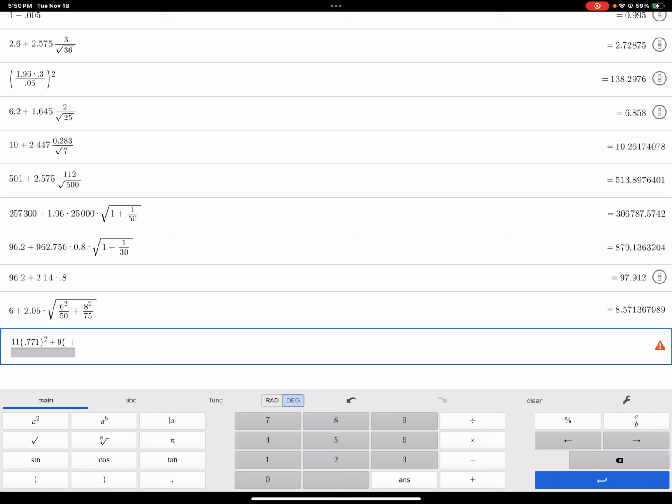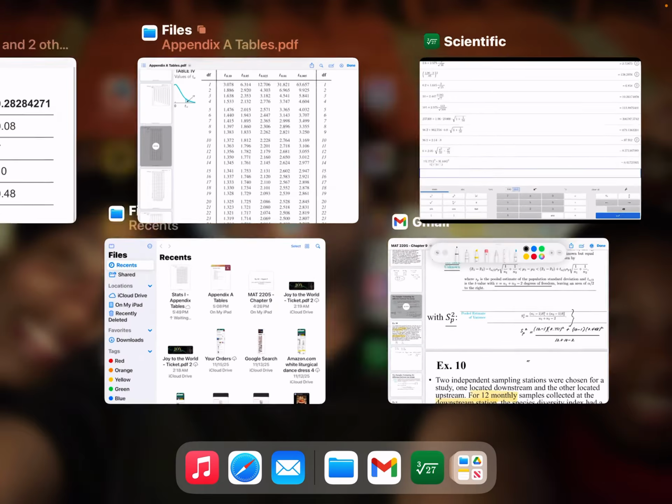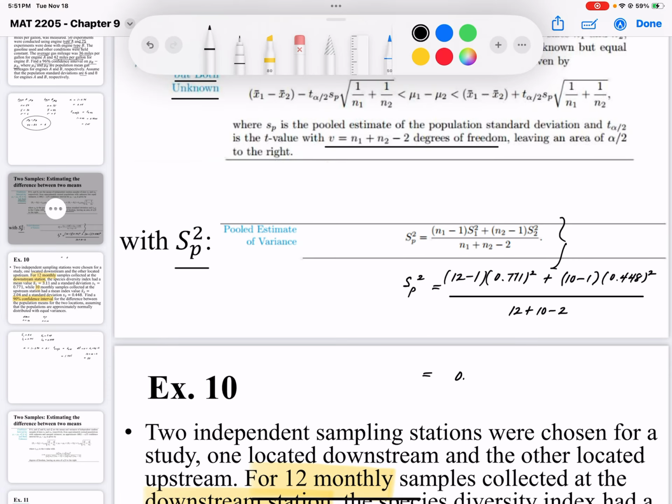No need to put something extra there. 0.448, and we're squaring that, and that is all over 12 plus 10 minus 2. Answer: 0.4172, let's just go 4 numbers, 0.4173. That's our pooled statistic.